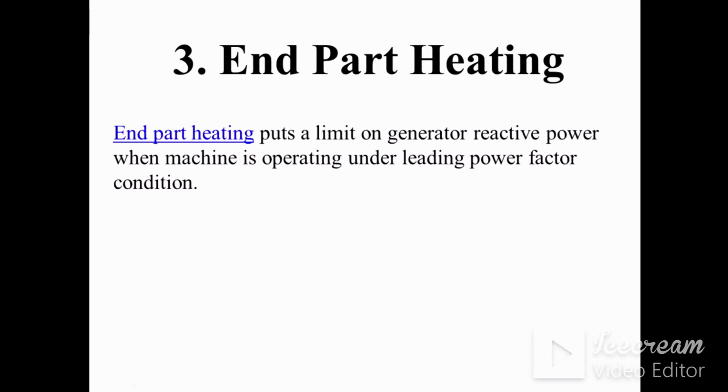This entire enhancement process will cause more heating in the end part of the generator and can severely limit the generator's output. So thus we see that the end part heating imposes a limit on the generator output under under excited conditions.